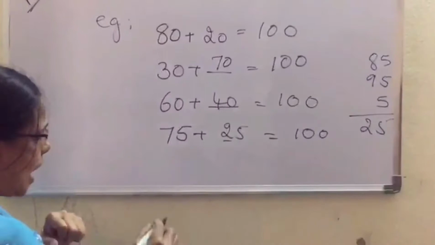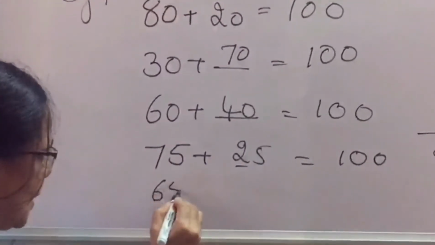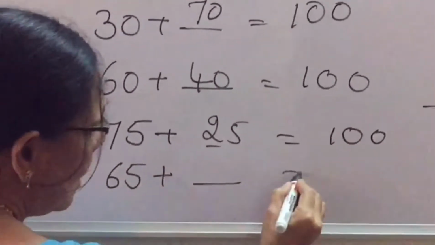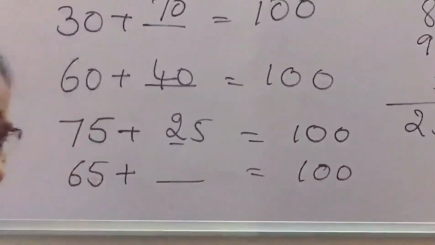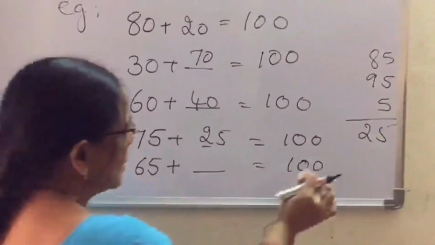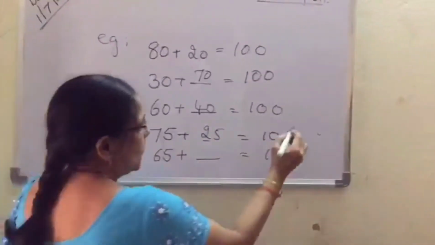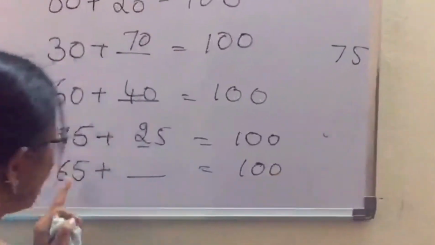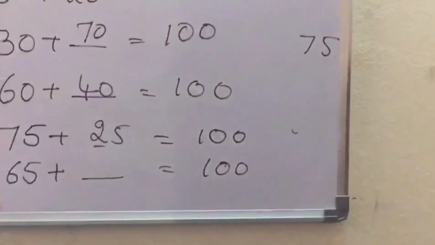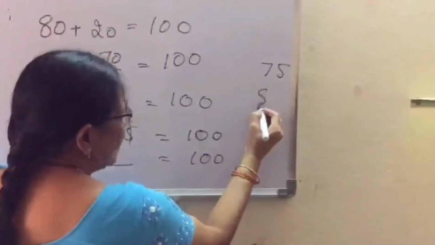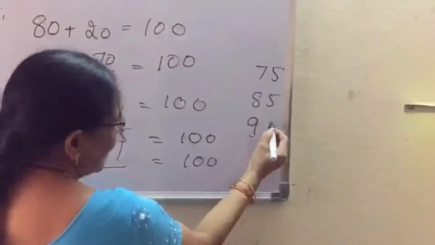So next I'll take 65, children. See again, how many numbers do you need here? 65. Next you count, go on counting here. After 65, 75. 65 to 75, 1 ten. 75. Next 85. Next 95.